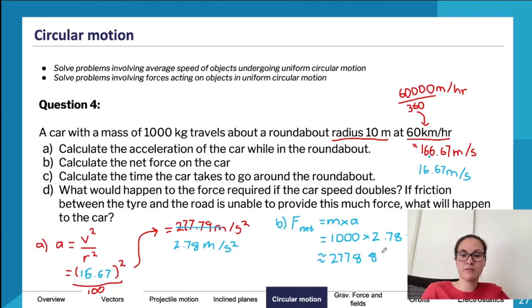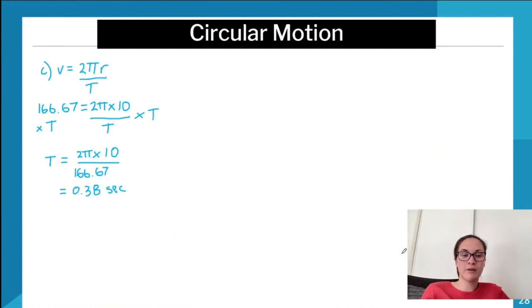That's our force. Now here is where we went wrong, well, I went wrong, not we. Hopefully we should end up with a much larger time.